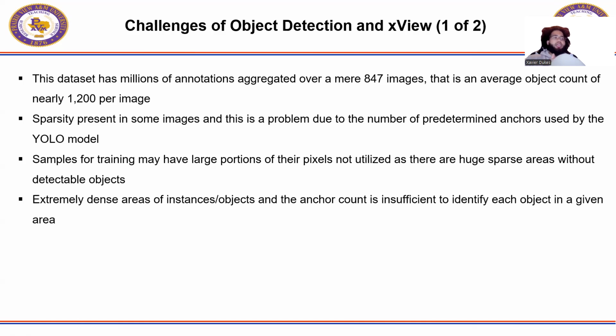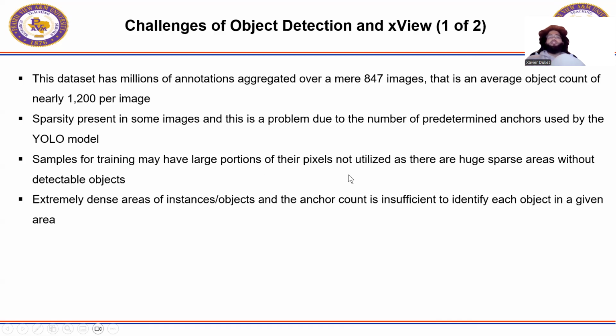By doing a sort of k-means clustering genetic algorithm before training occurs, it figures out the average number of anchors that should be present in an image. Because there's such sparsity at times and then such high density, achieving a good number of anchor boxes isn't really realistic. You can get close though.